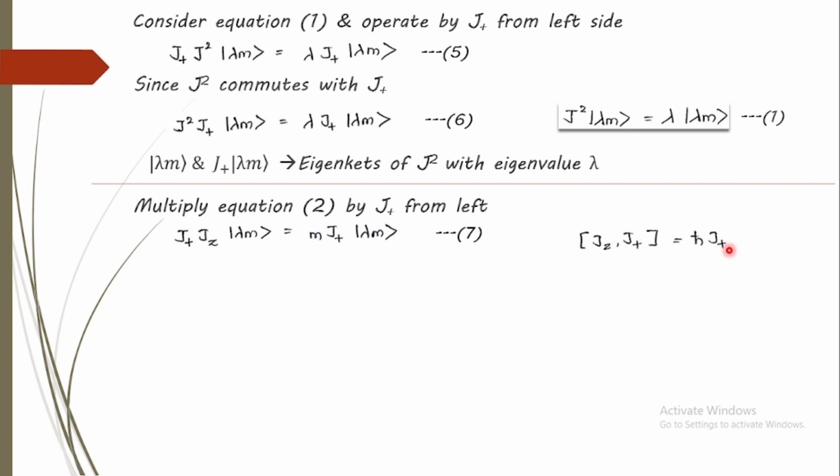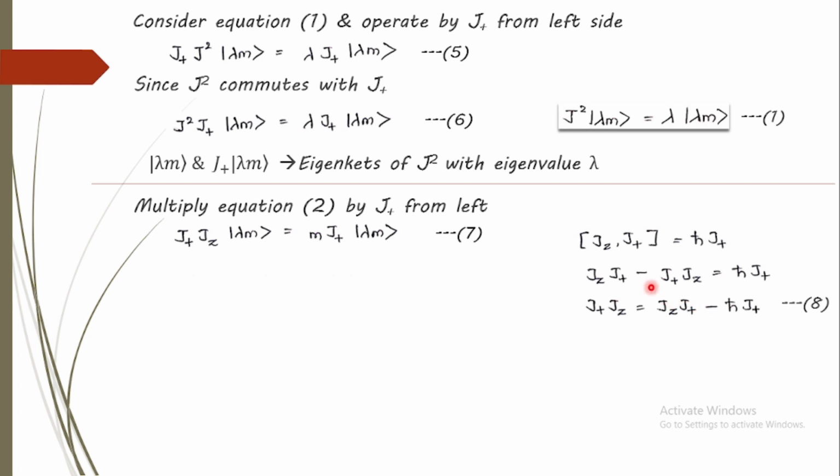If we expand it, the commutator of jz and j plus is jz into j plus minus j plus into jz, equal to the RHS. We have here j plus into jz, so we will rearrange this and that will be equal to jz j plus minus h cross j plus.